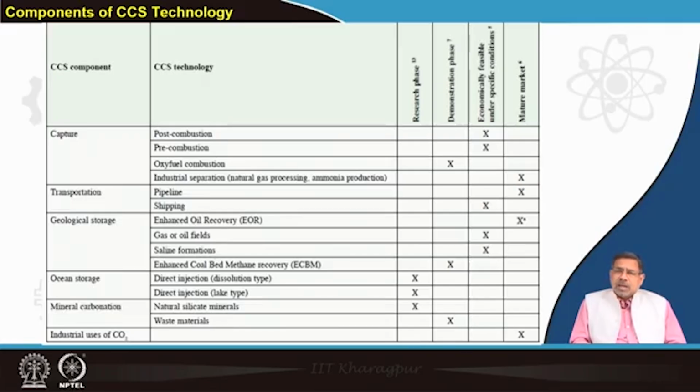In terms of carbon capture, we can do it at post or pre-combustion stage. We can also do it using oxygen, in terms of oxy-fuel combustion, and then industrial separation in terms of natural gas processing and ammonia production. Coming to transportation, there are two ways this captured carbon is transported. One is pipeline, and the other one is shipping by using ships.